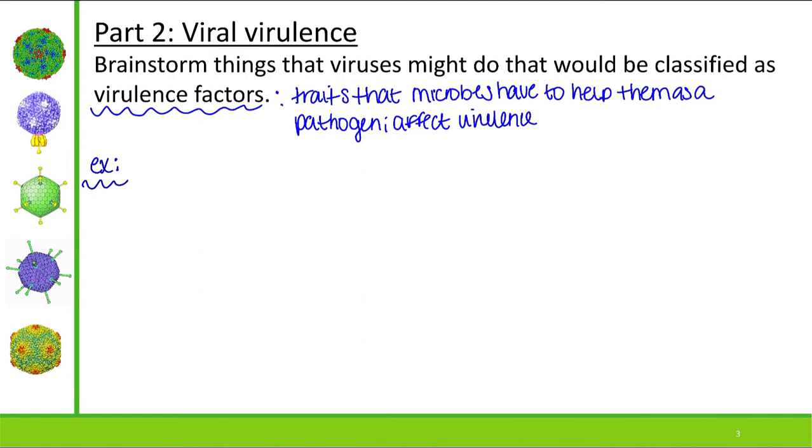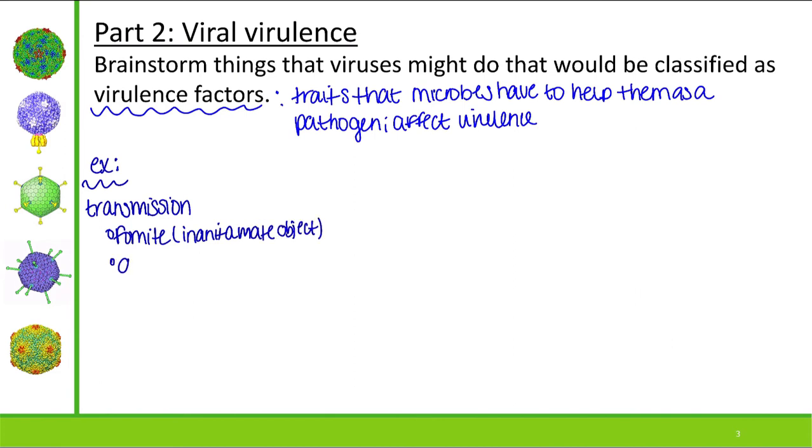So there are a lot of things that can contribute to virulence as a whole for viruses. And if you've ever played the game Plague Inc., they have really great examples of virulence factors in there as well. That's going to be things like transmission. Is the virus able to transmit? Oftentimes we say things like fomite, which is an inanimate object.